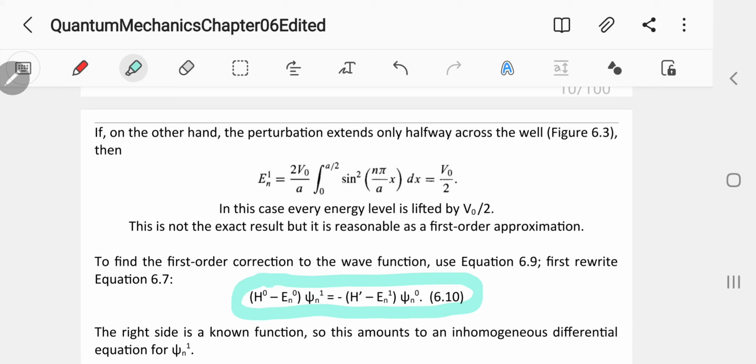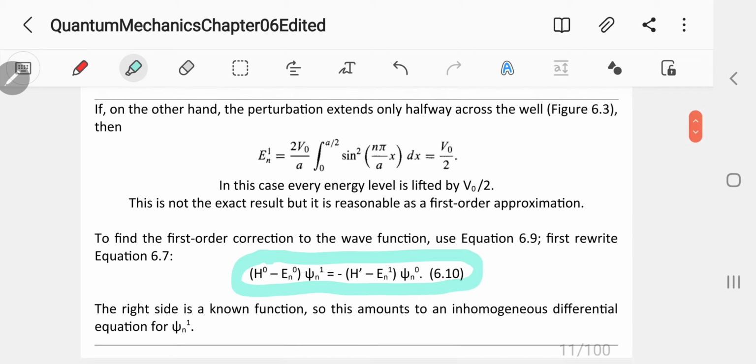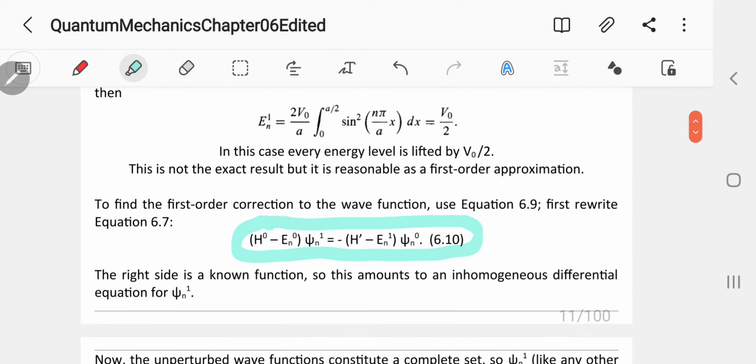Here, the right side of the equation is a known function. So this is just an inhomogeneous differential equation of phi_n^1. So we're looking for this.